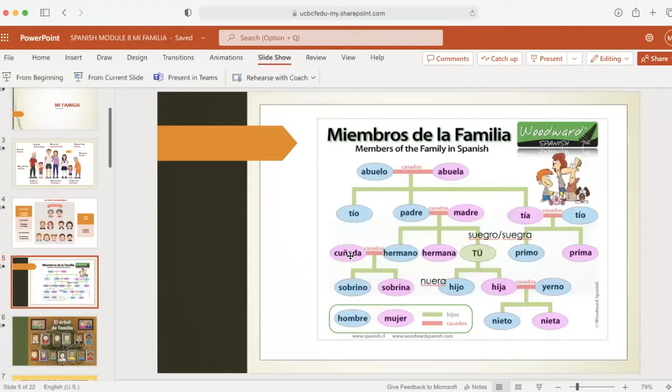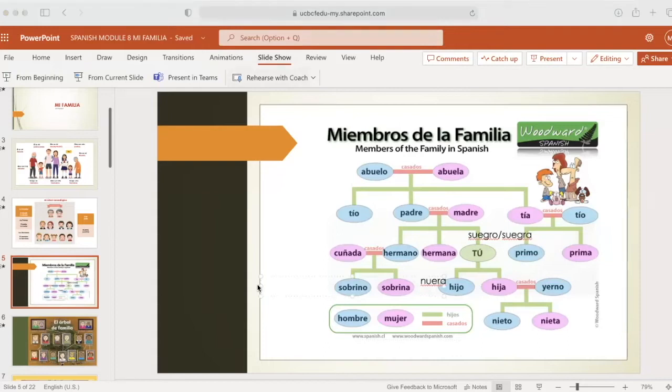Now, your sister-in-law and your brother have children, and these are now your niece and nephew. Good. Okay, these are now your niece or nephew. And in Spanish, they're called sobrino for nephew and sobrina for niece.